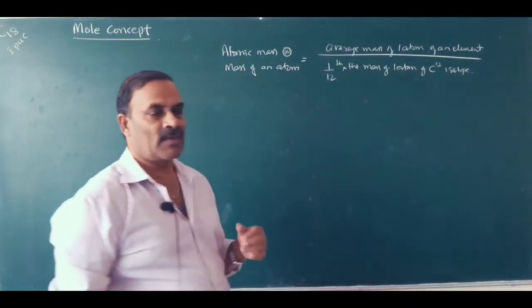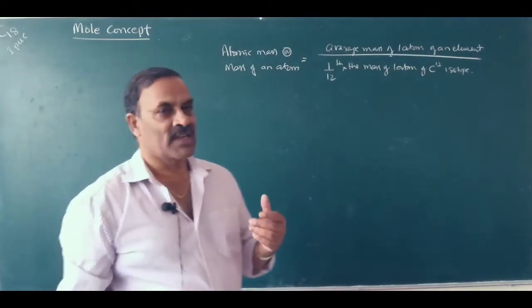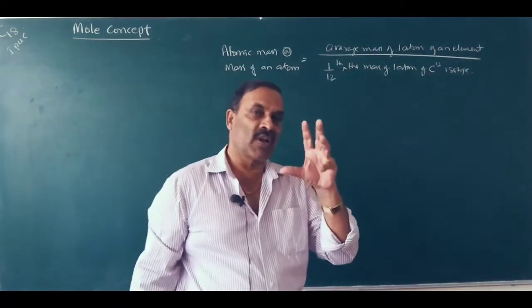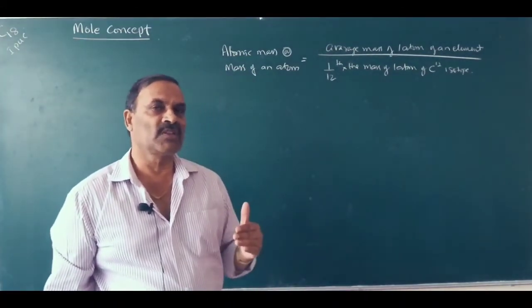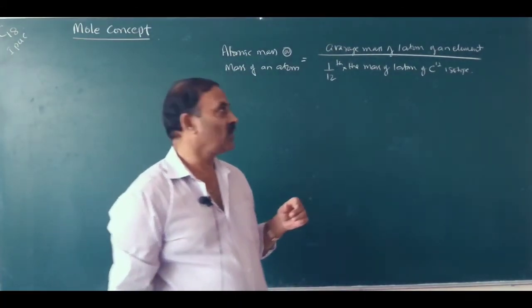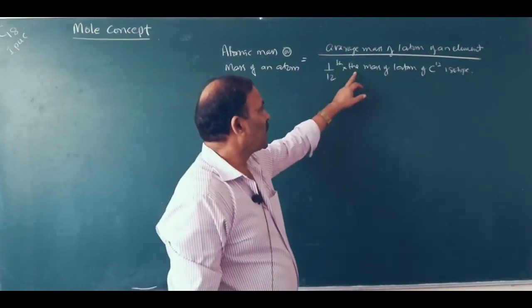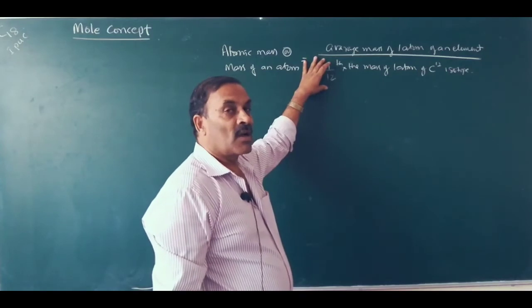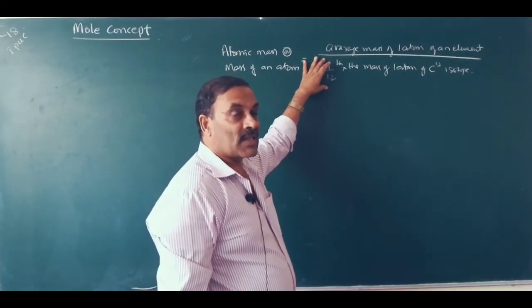Atomic mass of an element or mass of an atom is the ratio of average mass of one atom of an element to 1/12 the mass of one atom of carbon 12 isotope. 1/12 the mass of one atom of carbon 12 isotope is called one atomic mass.